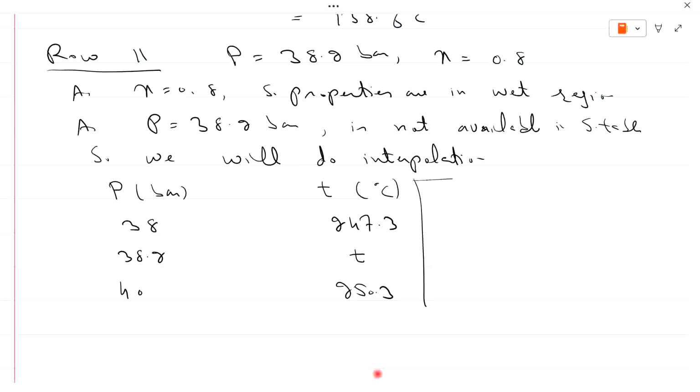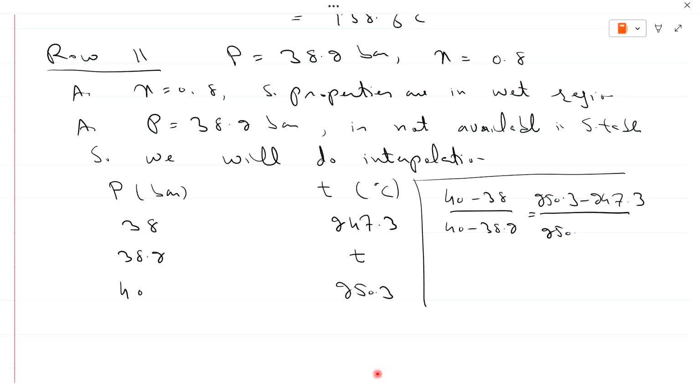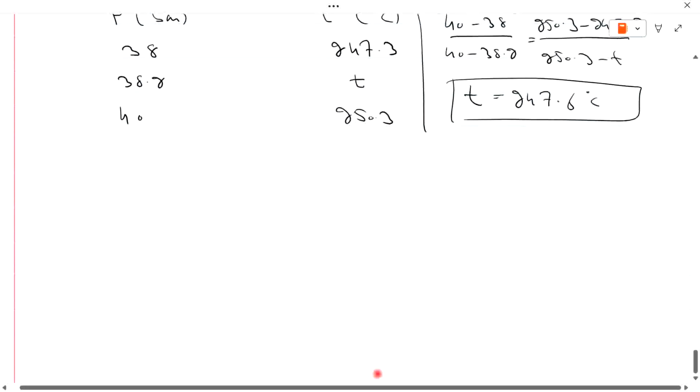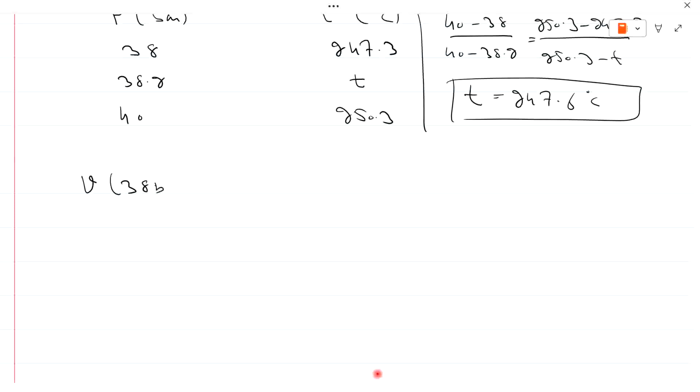So by interpolation, 40 minus 38 divided by 40 minus 38.2 is equal to 250.3 minus 247.3 divided by 250.3 minus T. So temperature is equal to 247.6 degrees centigrade.